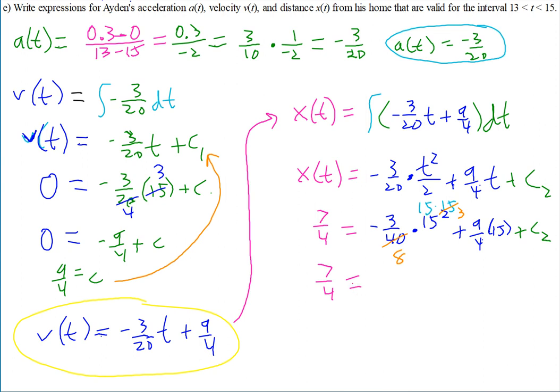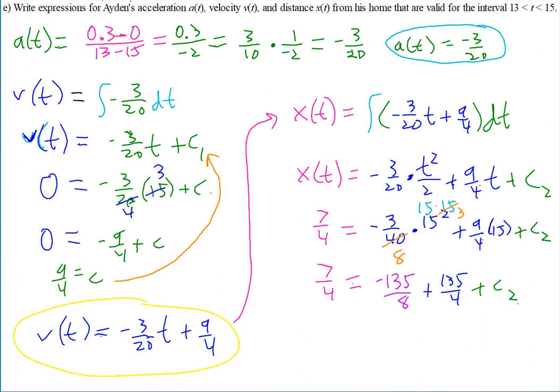So 90 and 45 gives you 135. All that's left on the bottom is 8. And then here, this one doesn't reduce, so just 9 times 15. Again, we already got that, it'd be 90 plus 45 is 135 again, but this time it's over 4 plus c sub 2.